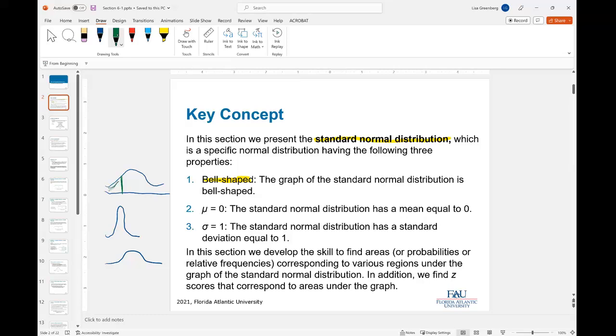Then the area under the curve from here to the end would be the same as my probability. The area under the entire curve is 1. So that's how we're going to find probabilities, because remember, probabilities are between 0 and 1. So we use this normal distribution.